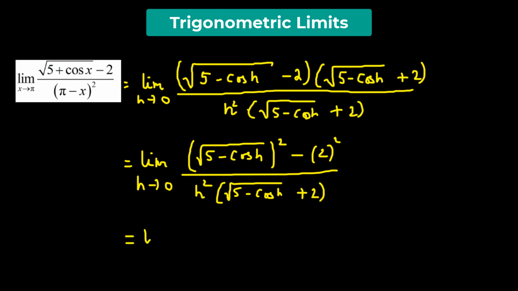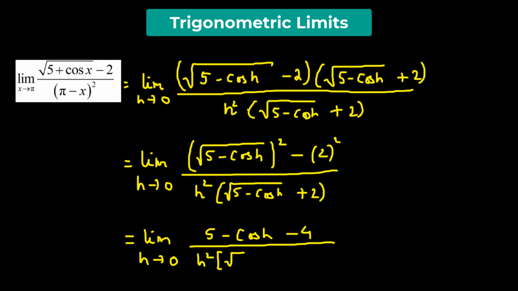So that will give us the limit as h approaches 0 of 5 minus cosine of h minus 4, divided by h squared times the square root of 5 minus cosine of h plus 2.